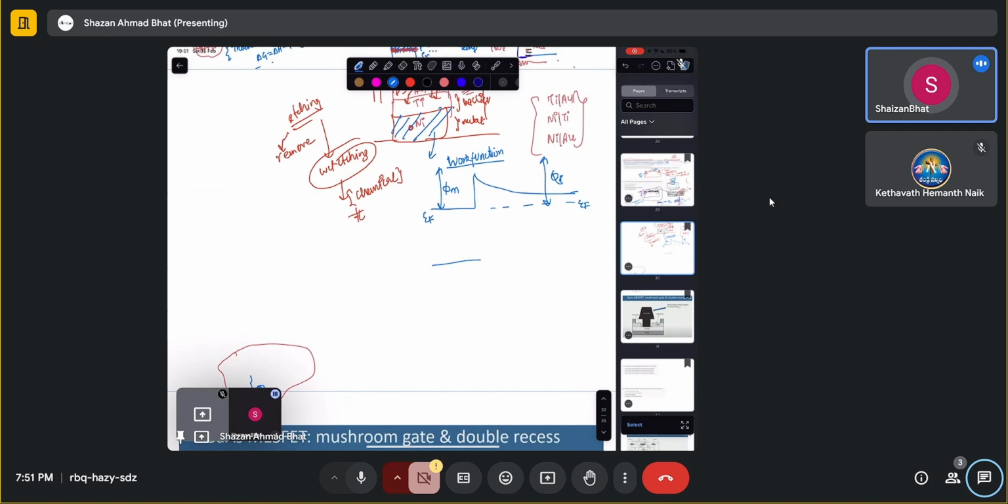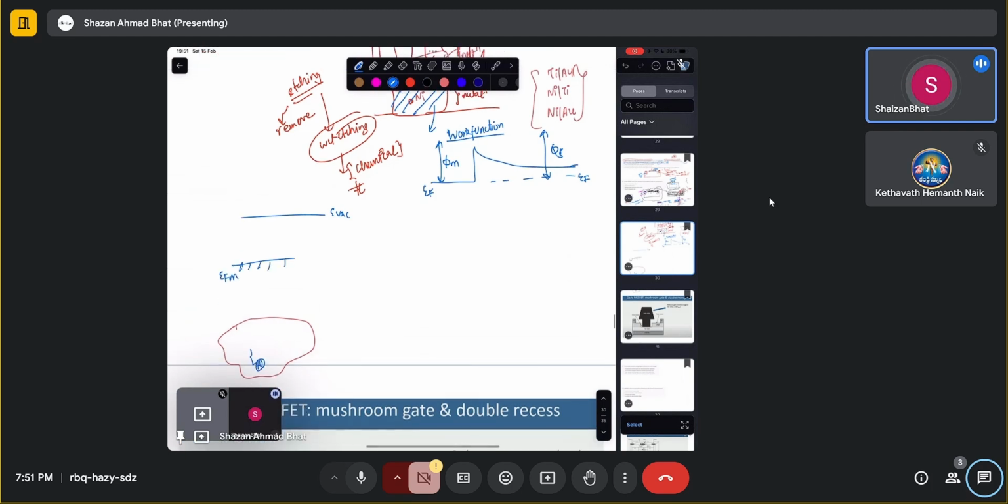Before joining, you have the Fermi level of the metal, and this is, let's say, the vacuum level. Let me draw it here, otherwise you will get confused. If this is the vacuum level, this is the Fermi level of the metal, and this is the Fermi level of the semiconductor. Let's say this is N-type.